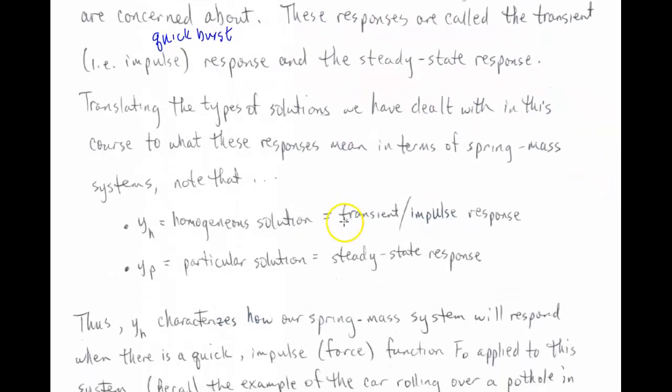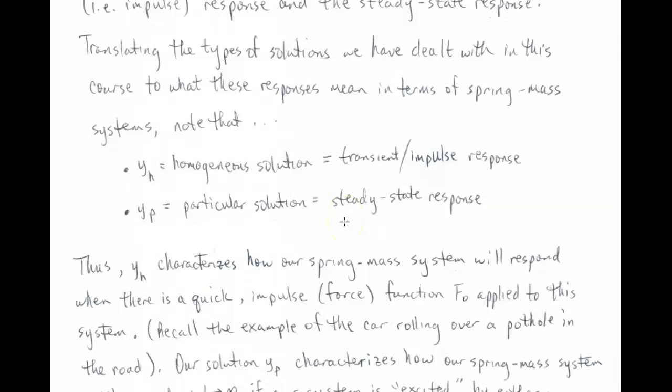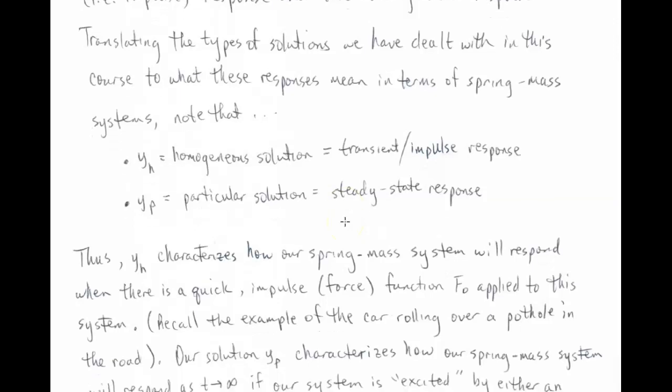Now, in terms of what we know about second order linear homogeneous or non-homogeneous equations, one of the things we learned is that our response to those types of equations, particularly the non-homogeneous ones, is a sum of homogeneous and particular solutions.